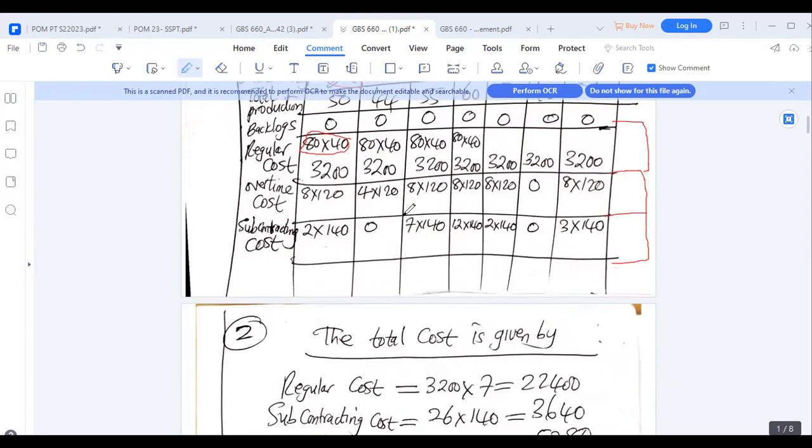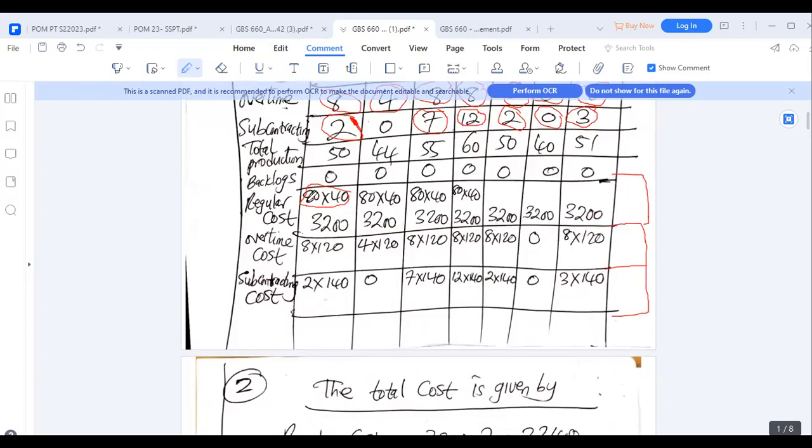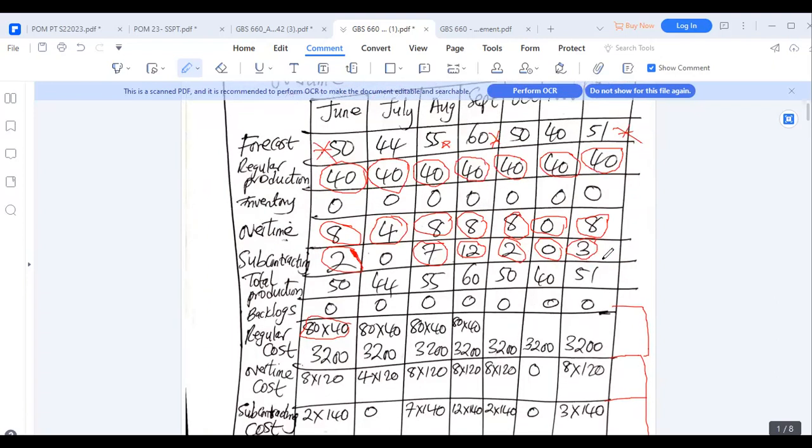After summing up, we have the regular cost of 22,400, getting down to the subcontracting cost of 3,640, meaning that it's as good as just looking at how many units we subcontracted, then multiplying these units by the subcontracting cost per unit.